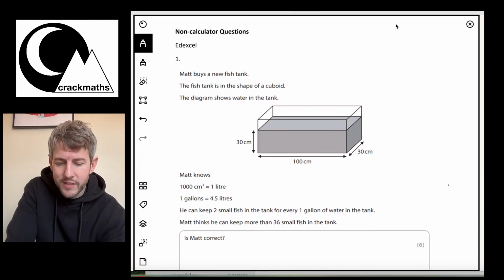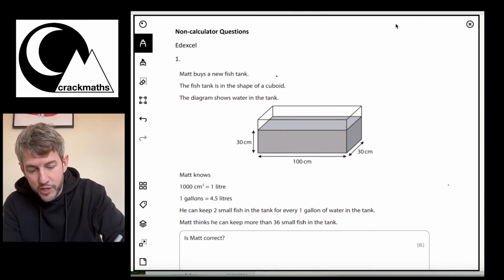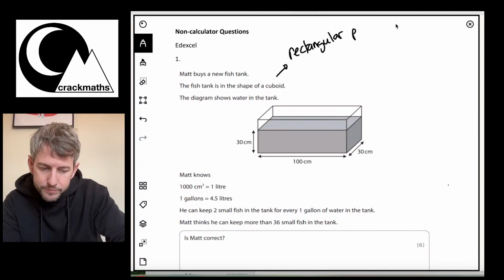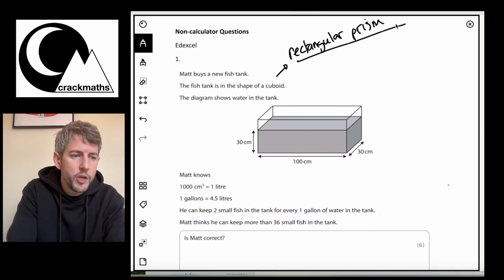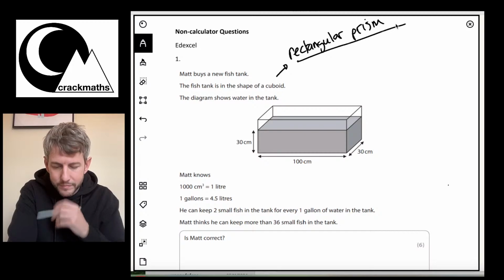So the question says, Matt buys a new fish tank. The fish tank is in the shape of a cuboid, okay? So remember, a cuboid is just a rectangular prism, okay? The diagram shows the water in the tank.